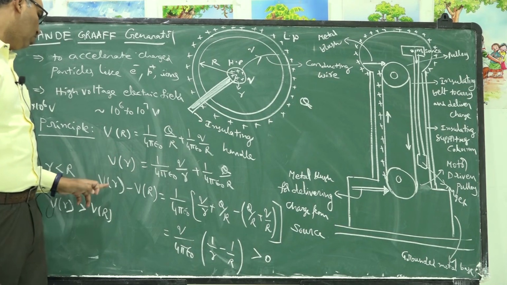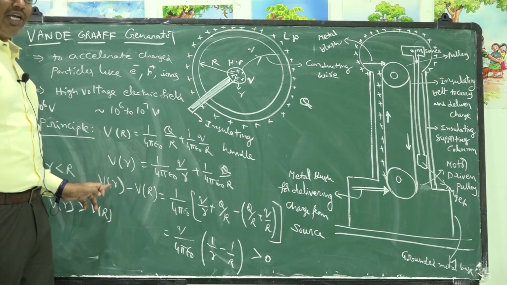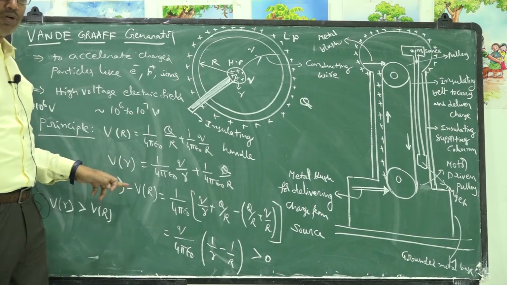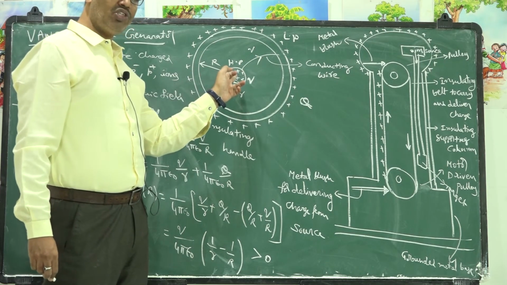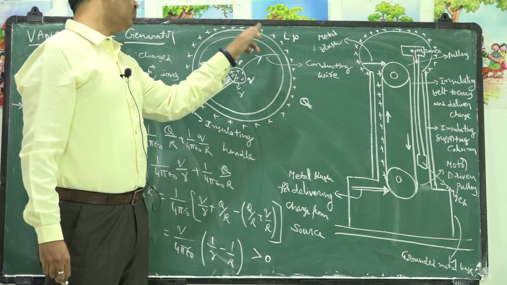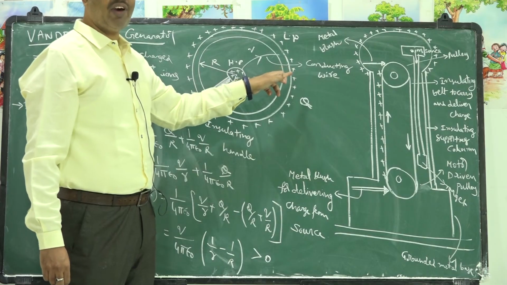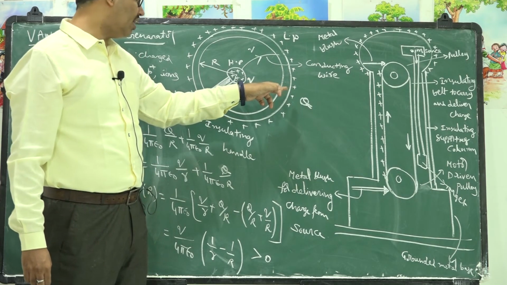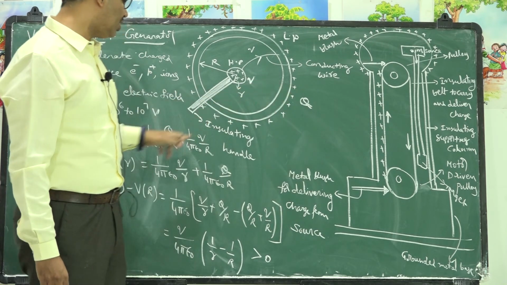If you subtract them, you will find that the inner sphere is at high potential and the outer shell is at low potential. Whenever we connect a wire, charge gets transferred from the high potential zone to the low potential zone. So the potential on the outer shell keeps on increasing till it attains a value capable of causing breakdown of air. This is the principle involved.